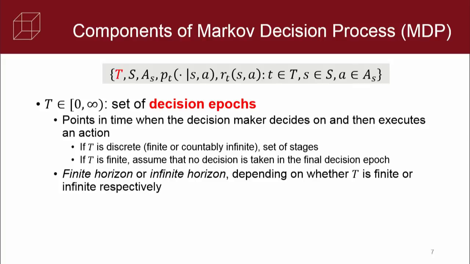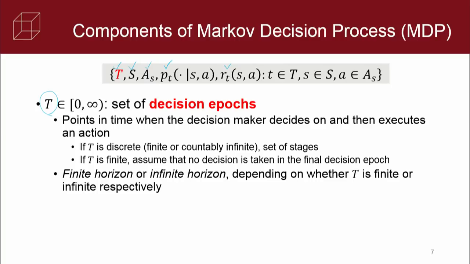All right, so a Markov decision process can be characterized mathematically by a collection of the following 5 components. Let's take a look at them one by one. The first component is T, which is a set of stages or decision epochs.